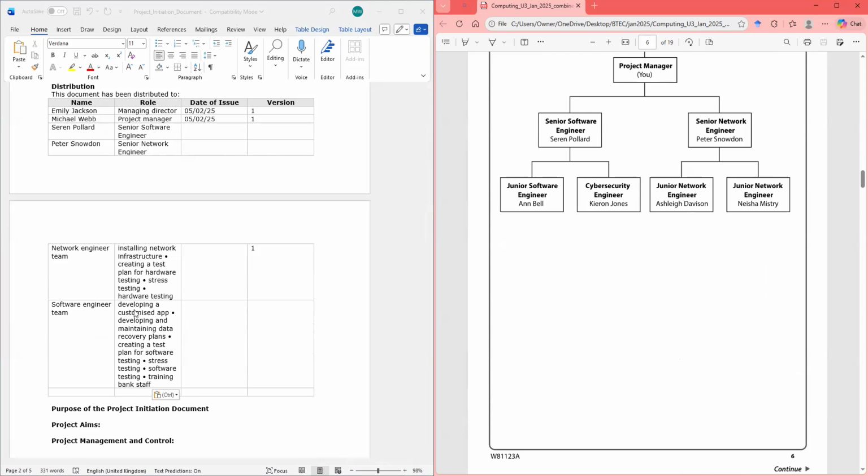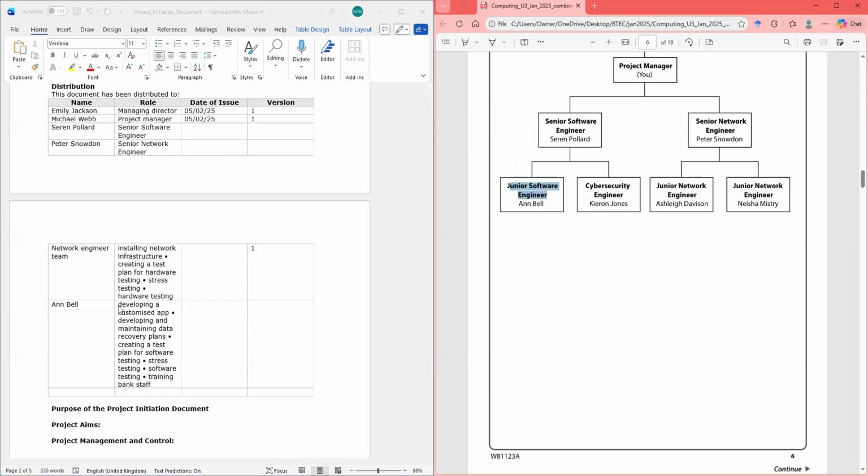We didn't have to put a software engineer team. We could just put the name, which would be Annabelle. And Annabelle is a junior software engineer.